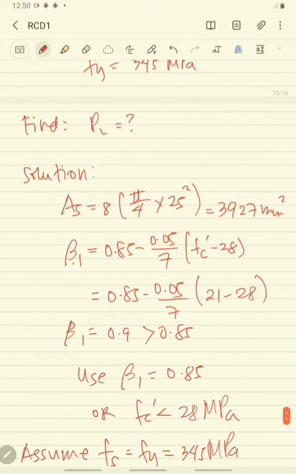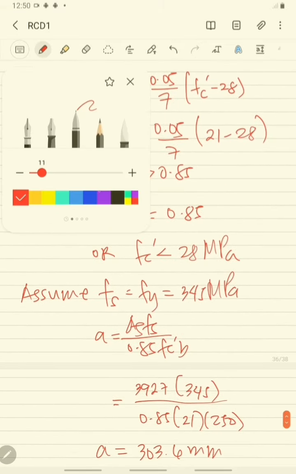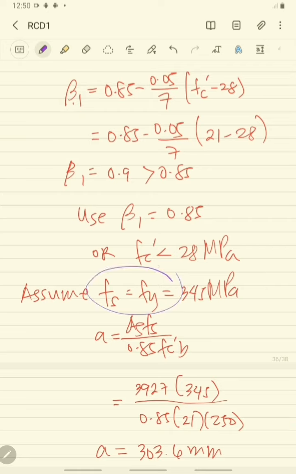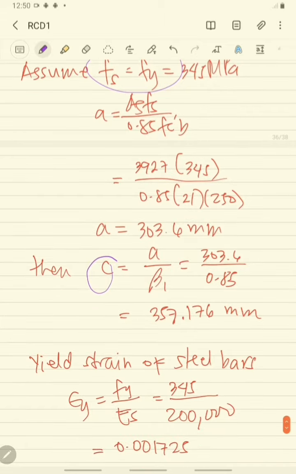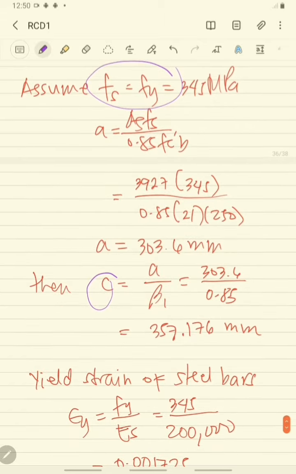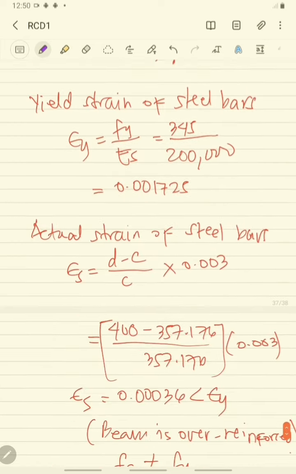So that assumption is wrong. Since the assumption is wrong and Fs is not equal to Fy, we have to find the correct value of our C, because the C was determined by assuming Fs is equal to Fy.